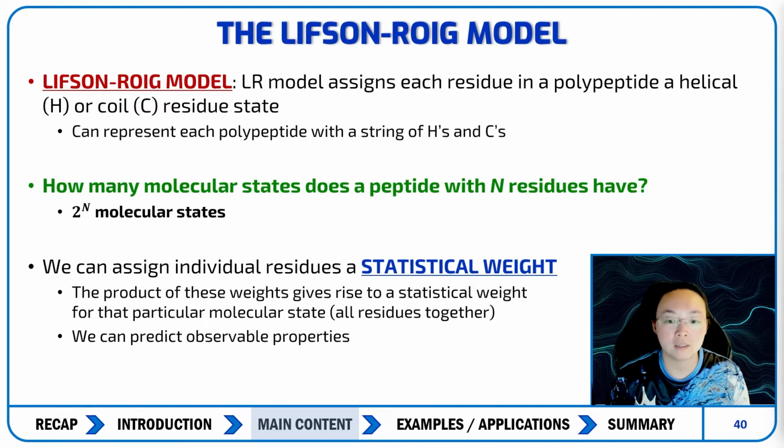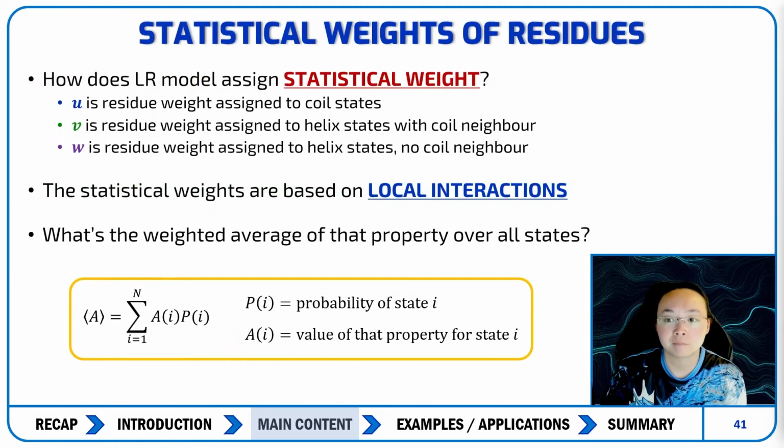If we can assign individual residues a statistical weight, then the product of these weights will give rise to an overall statistical weight for a specific configuration of a polymer of N monomers, or an N-mer as we call it. It will tell us whether something's highly probable or not probable.